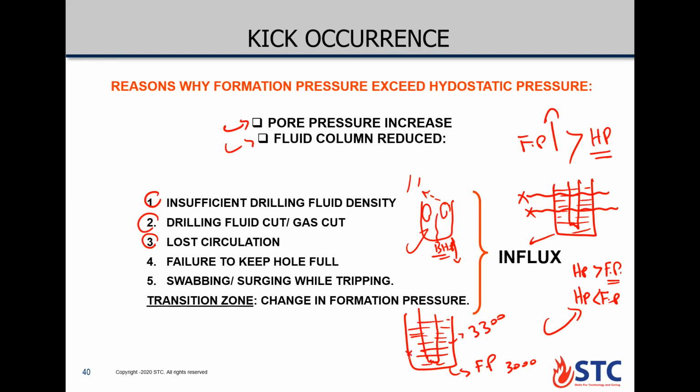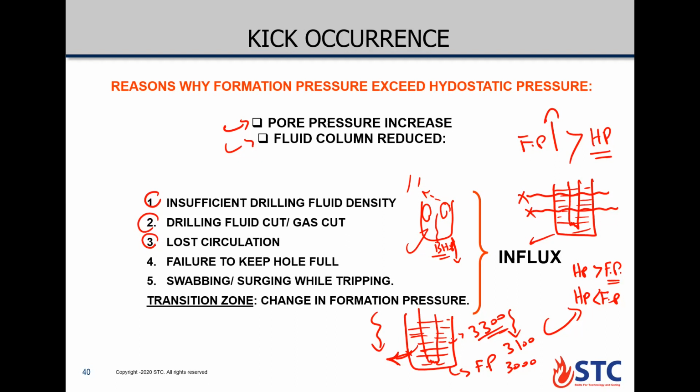If you frac the formation here, or there is a sea formation or loss zone here, your hydrostatic pressure will invade this formation, the low pressure formation. So the 3300 psi will drop to a lower value. If the hydrostatic pressure drops to, for example, 3100, it's okay. We are still larger than the formation pressure.